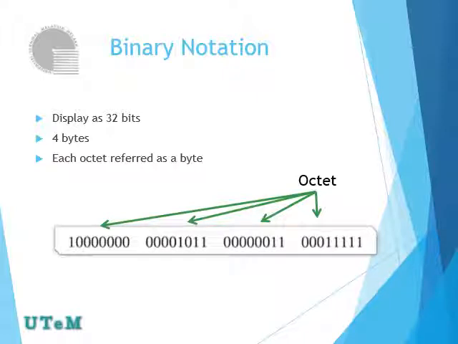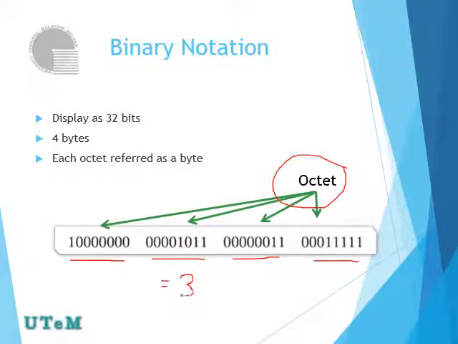In binary notation, the IP will be displayed as 32 bits or 4 bytes. Each byte we can call an octet. So we have 4 octets over here: the first octet, the second octet, the third octet, the fourth octet. In total, the IP address consists of 32 bits, or equal to 4 bytes.